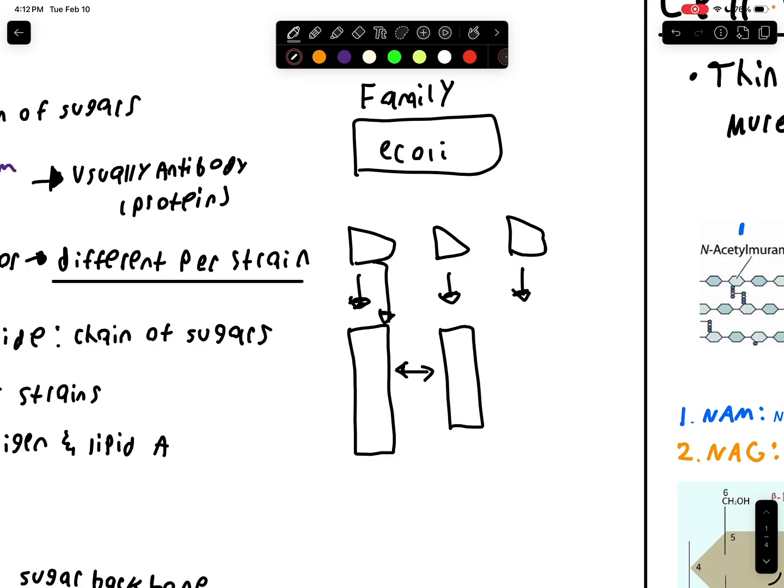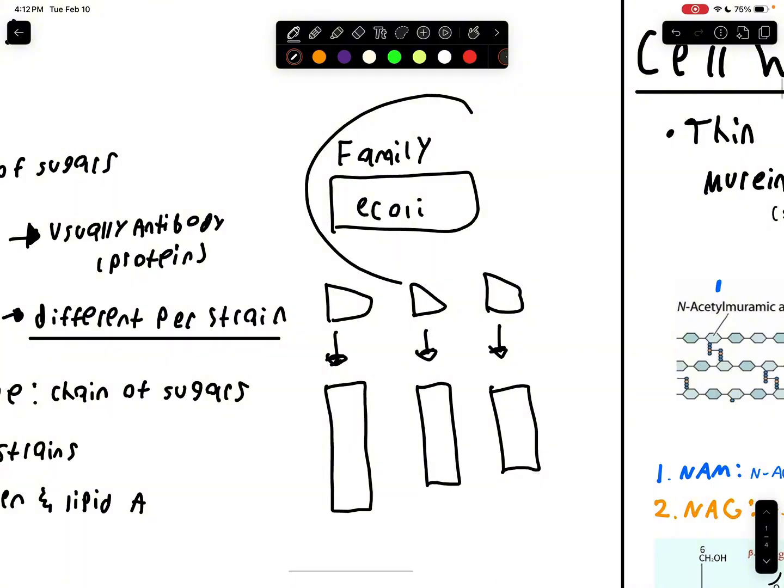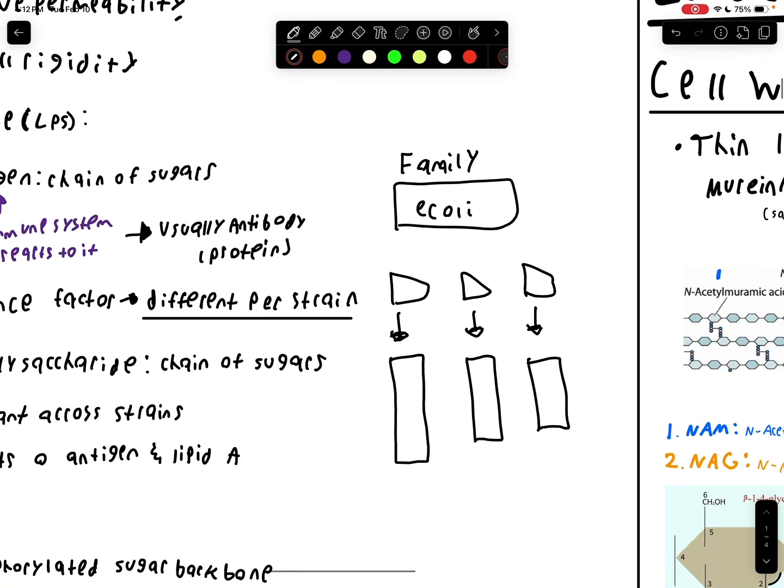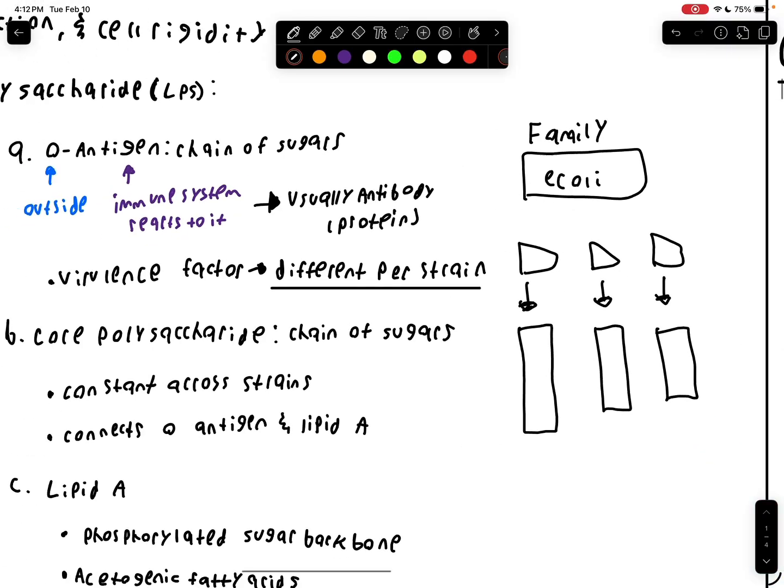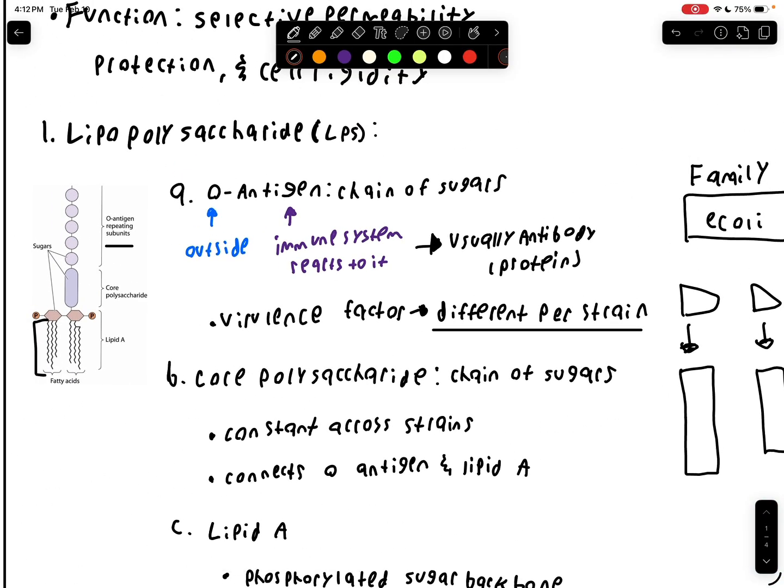So these guys are identical because they're part of the same family, but these guys are not. And so we call each of these strains, as you can see there's 3 strains here, that are all E. coli, but they're slightly different. One of those differences that allows us to call them different strains is this O antigen part.